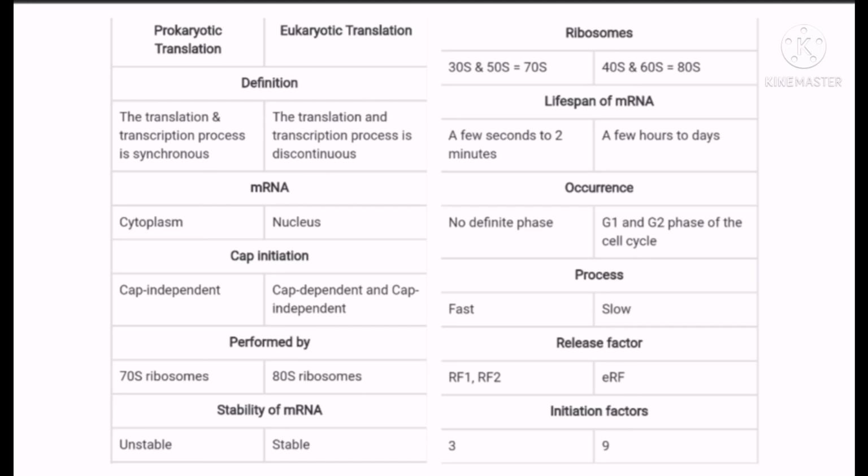When it comes to their release factors, prokaryotic has RF1 and RF2, and eukaryotic translation has eRF. When it comes to the number of initiation factors, prokaryotic consists of 3 initiation factors and eukaryotic consists of 9 initiation factors. So that would be all for the translation of prokaryotes and eukaryotes. Thank you for listening and God bless to everyone.